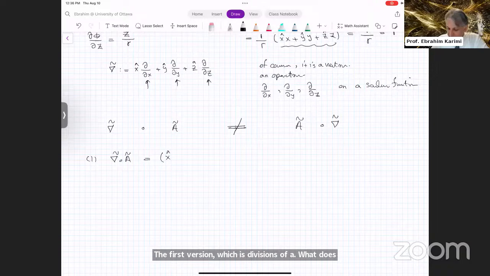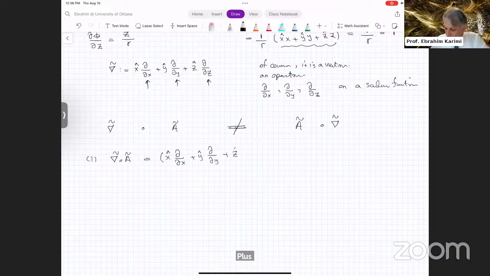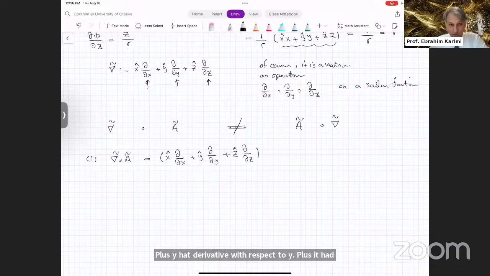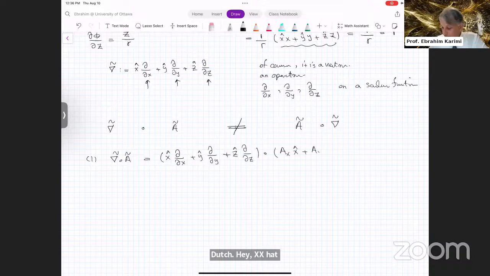You write x hat. Remember, I always write the vectors at the beginning, okay? x hat, derivative with respect to x, plus y hat, derivative with respect to y, plus z hat, derivative with respect to z. I'm writing it in Cartesian coordinates because it's simple. Dot ax x hat plus ay y hat plus az z hat.